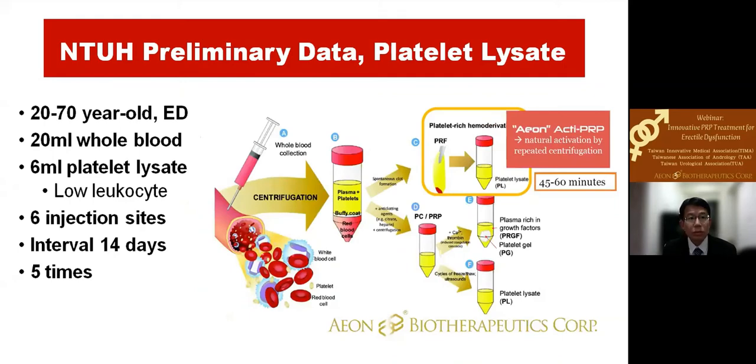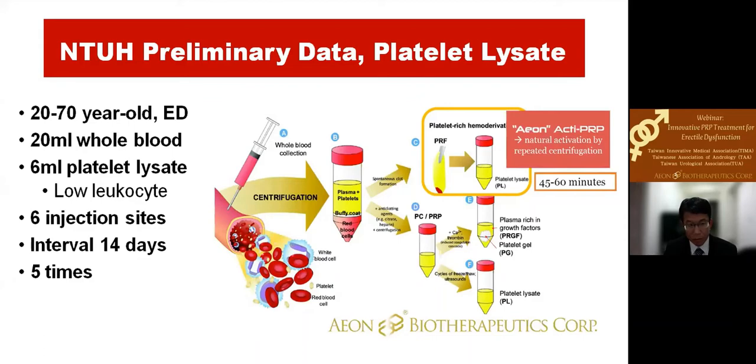Now I'm going to present the preliminary data of the platelet lysates in NTUH. We use the AON PRP, and the inclusion criteria is male patients 20 to 70 years old with erectile dysfunction. The exclusion criteria is pelvic surgery or penis surgery. We withdraw 20 milliliters of whole blood from the patient.